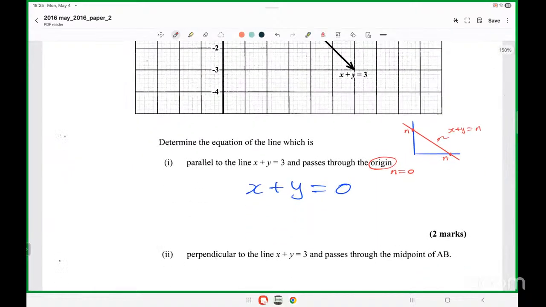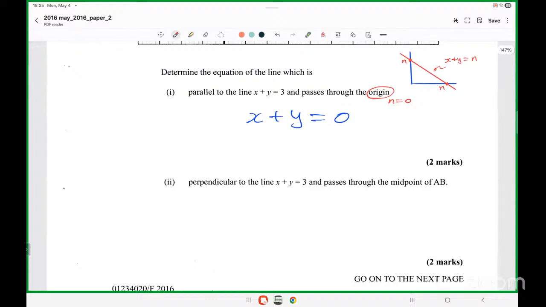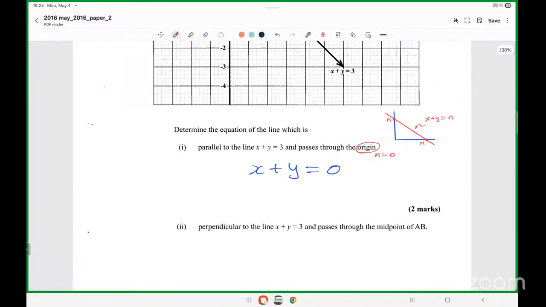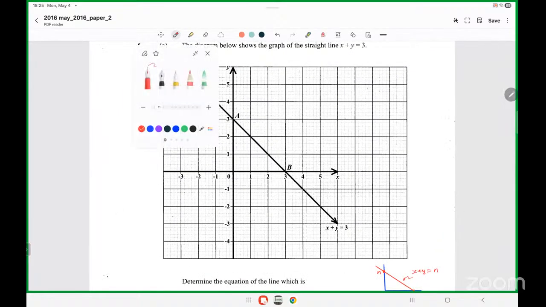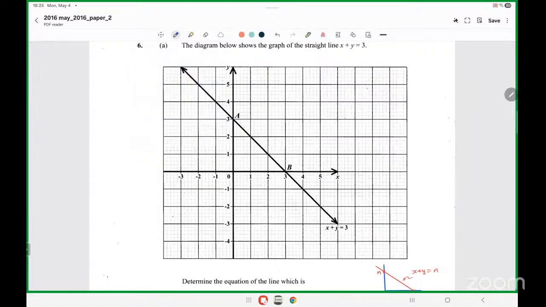Next one. It says perpendicular to x plus y equals 3 and passes through the midpoint of AB. So it's going to be the line y equals x. It passes through the midpoint and is perpendicular to it.